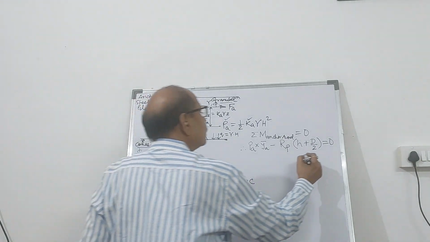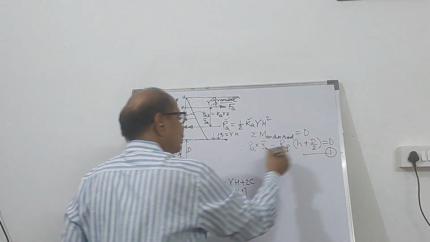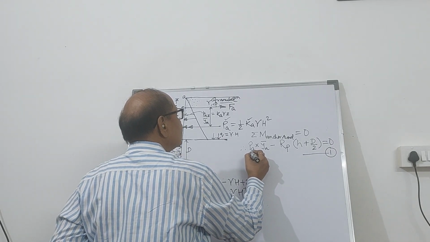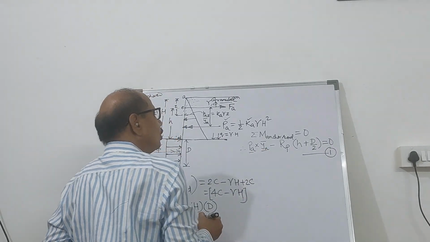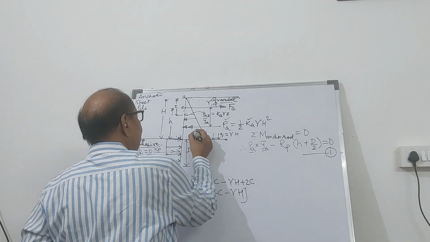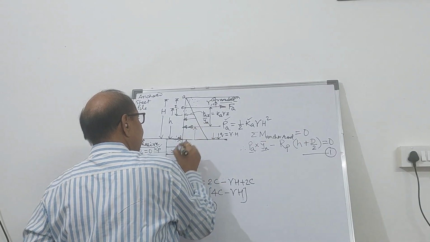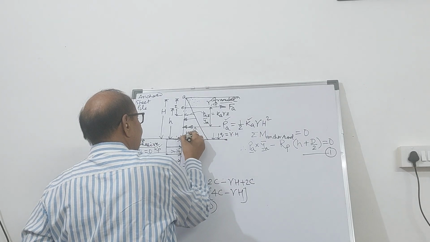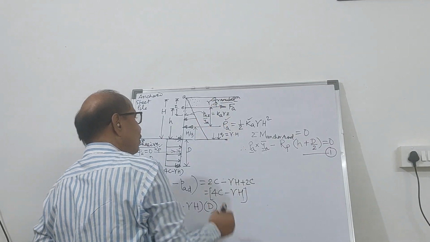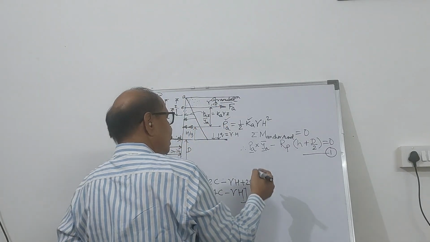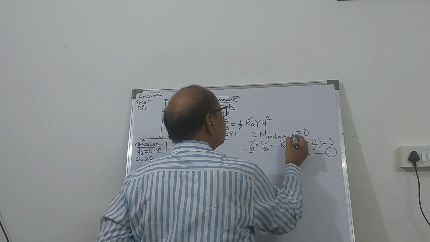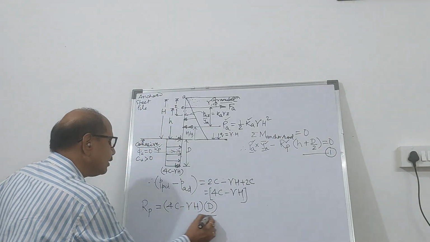So from this equation 1, you already know the value of PA, you already know the value of gamma A prime, and therefore this will be acting at capital H by 3. So you can easily find out this YA bar. This is known to you, this is known to you, you have already calculated.